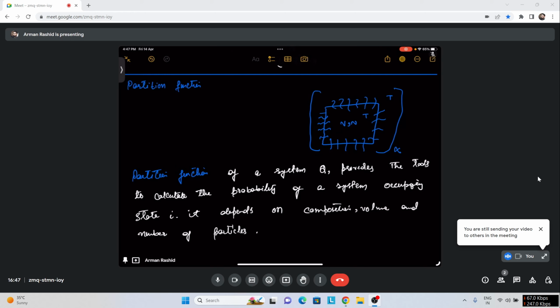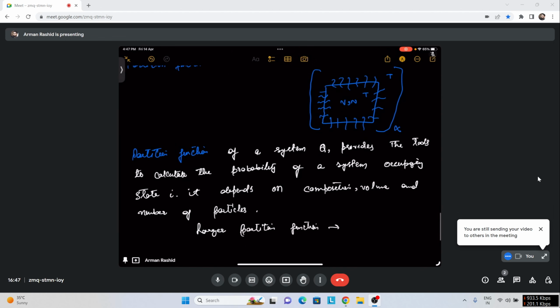Now we can say that a larger partition function means more accessible energy states at temperature T. So the larger the partition function, the more energy states are accessible.